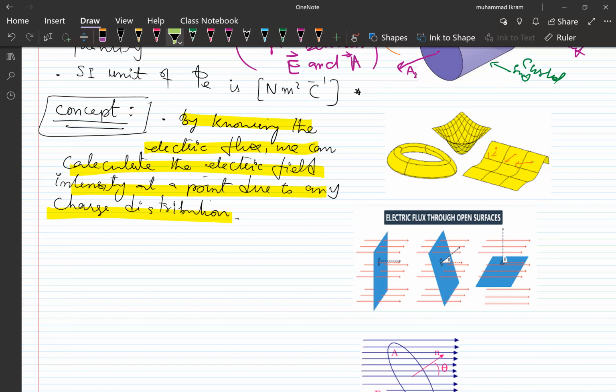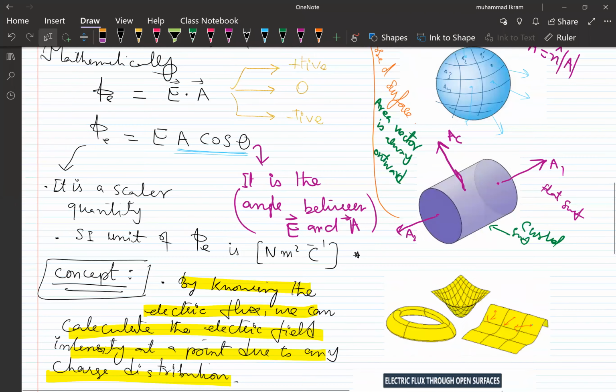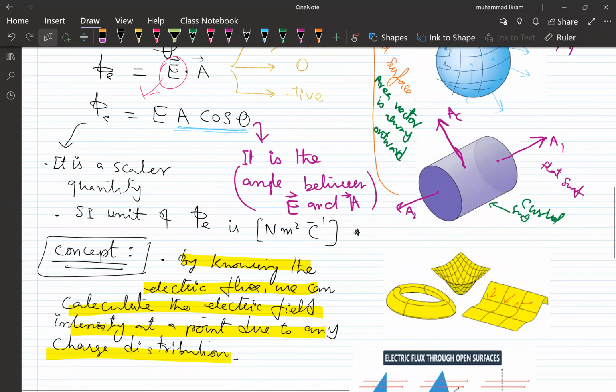So we can use the concept of the electric flux to calculate the electric field intensity. Once you calculate the electric field intensity, then you can easily calculate the Coulomb force for any sort of charge distribution. So this is one of the basic concepts behind the electric flux.